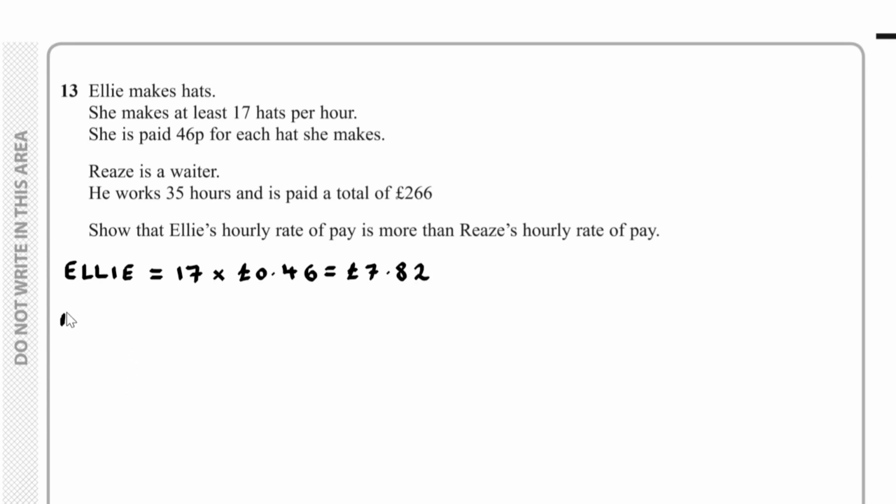And if we think about how much Reezy is paid, well, he's paid a total of £266 and he's working for 35 hours. So we need to do 266 divided by 35.